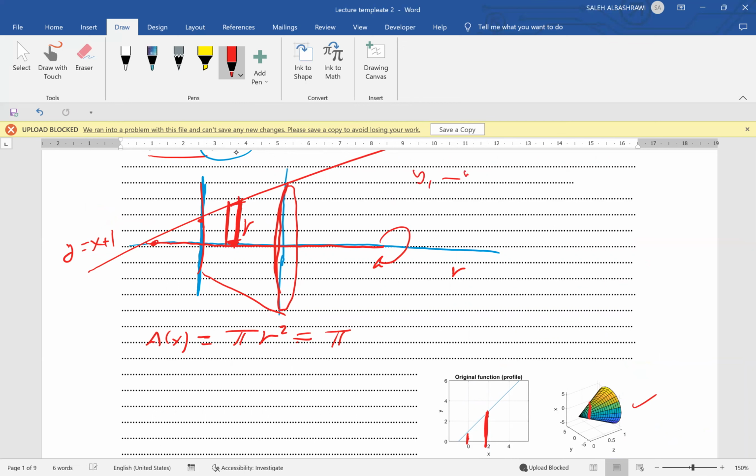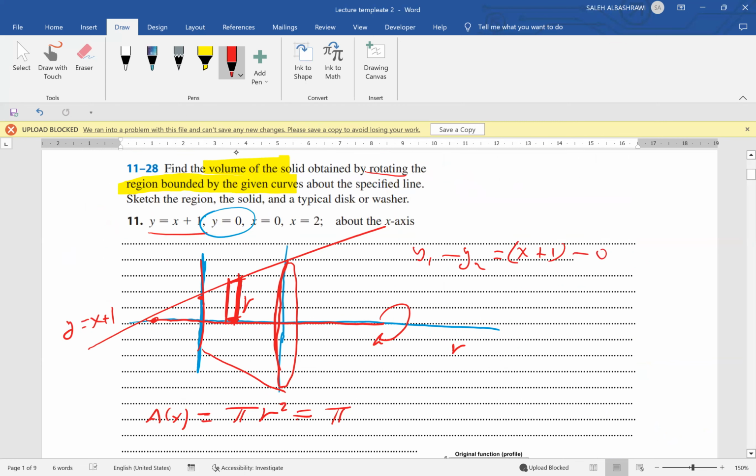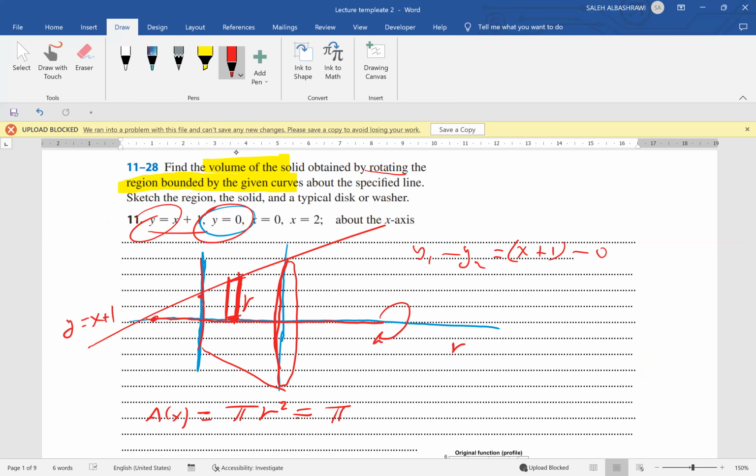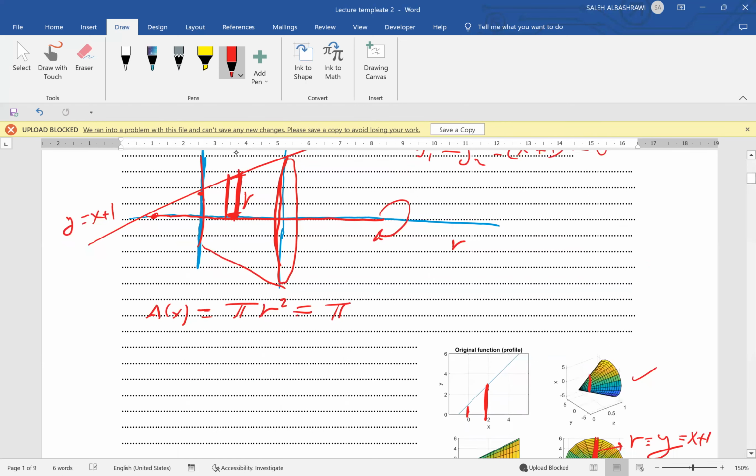I can say y1 minus y2, that is equal to y1, which is x plus 1, minus y2, which is equal to 0. Again, I have y1 and I have y2. It is the height of the rectangle. This will give me the radius of the cross-sectional area. So it is pi multiplied by (x plus 1) squared.